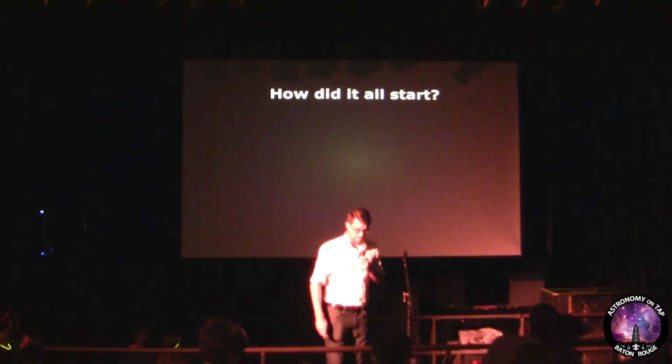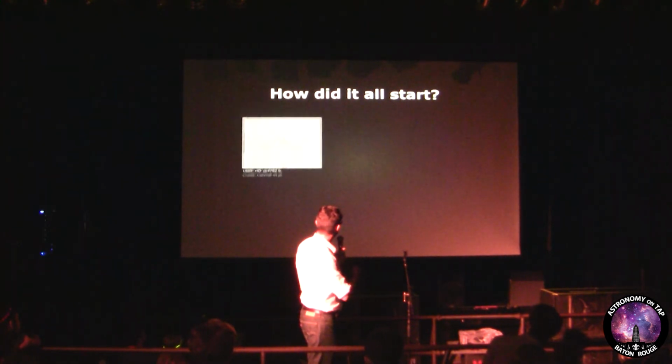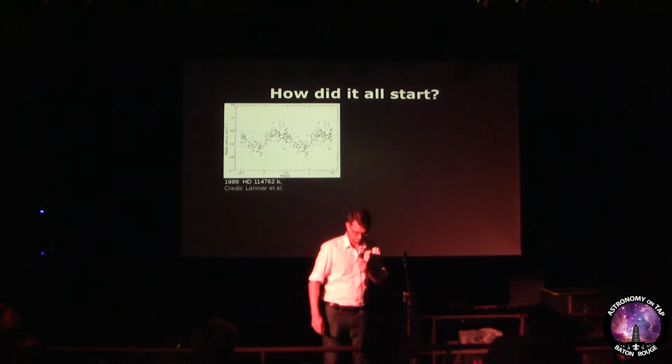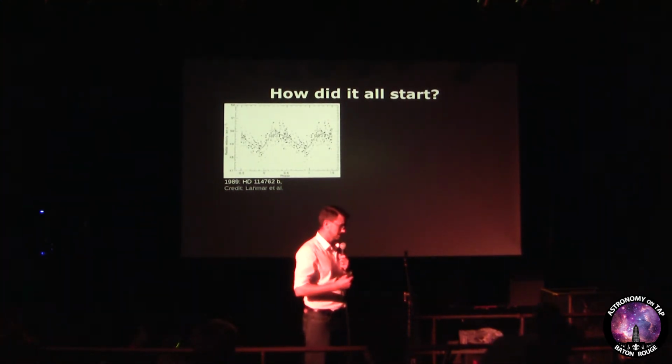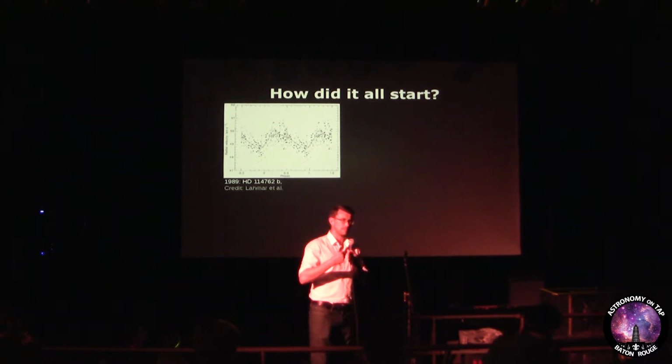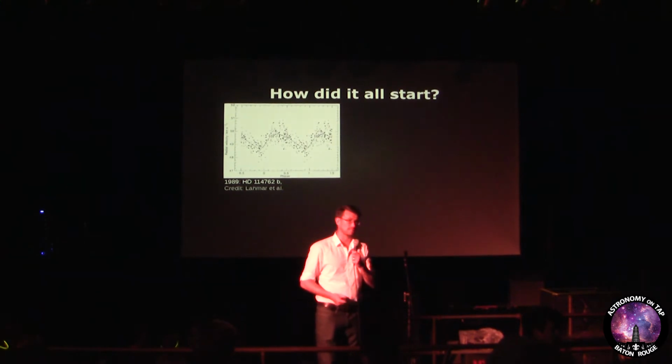But in 1989, there was a first publication where they measured continuously periodic changes in the star's position using the radial velocity method.